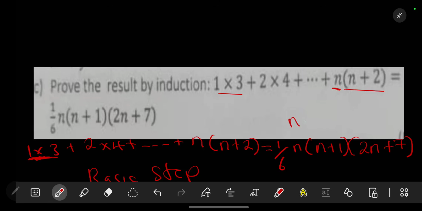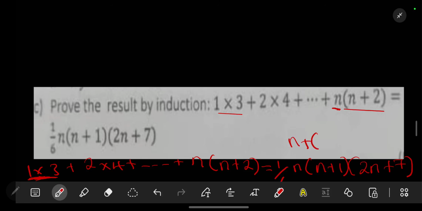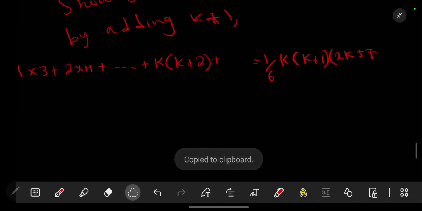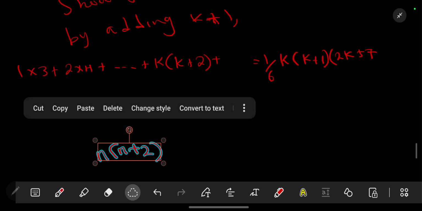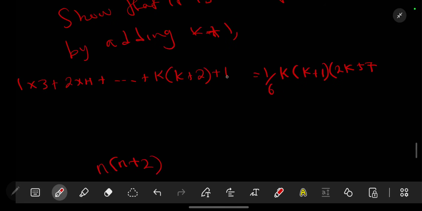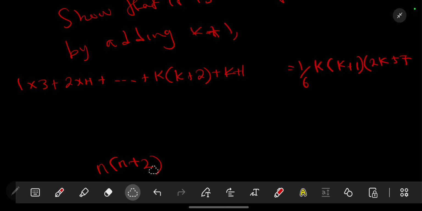So we have n, open brackets, n plus 2 like that. So this is where now you substitute. Where there is n, you are going to put your k plus 1. So we have our k plus 1. It's only that space. Let's move this. So we have k plus 1 I've substituted here.